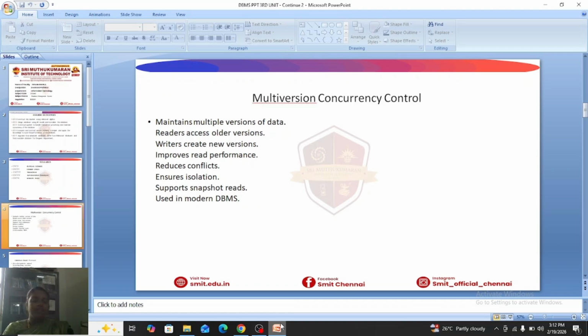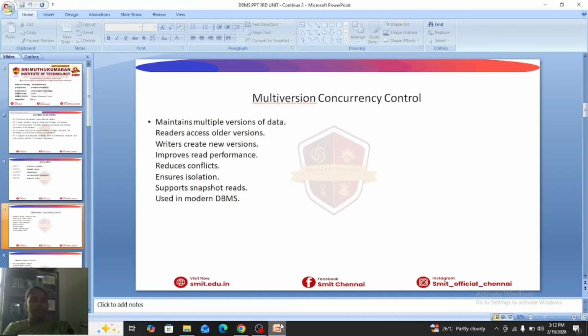Multi-version concurrency control is a database concurrency control method where multiple versions of data items are maintained to improve performance and reduce locking conflicts. It maintains multiple versions of data. Readers access older versions. Writers create new versions.